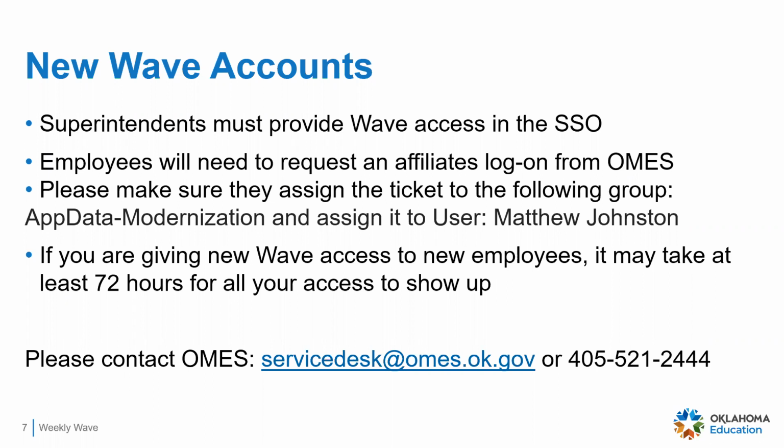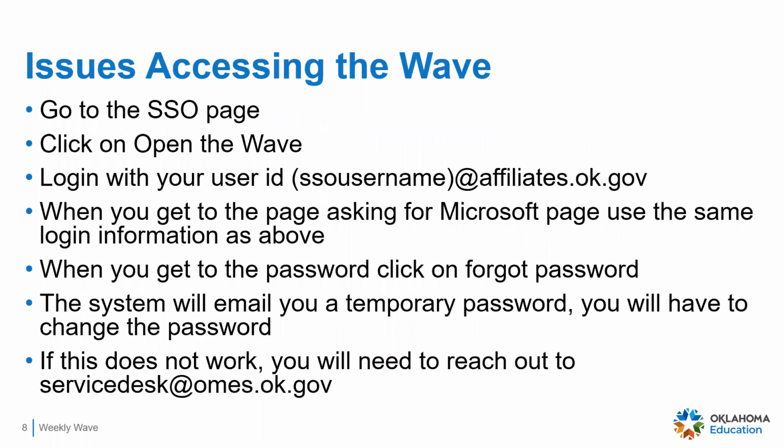If you're having issues accessing your Wave account, please go to your single sign-on, click on the Wave piece on single sign-on. You'll log in with your affiliates log on, so your username plus @affiliates.ok.gov. It will take you to a Microsoft page.